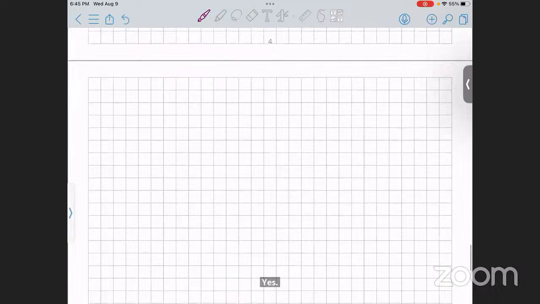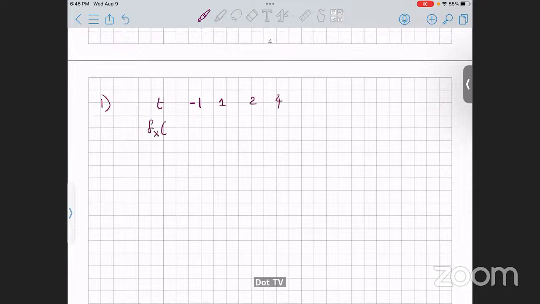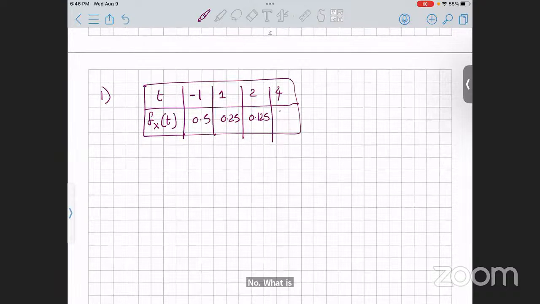Coming to the first one, we will solve a question. Let t be a random variable taking values -1, 1, 2, 4. Now f of x of t equals 0.5, 0.25, 0.125. What is the value of f of x at 4?